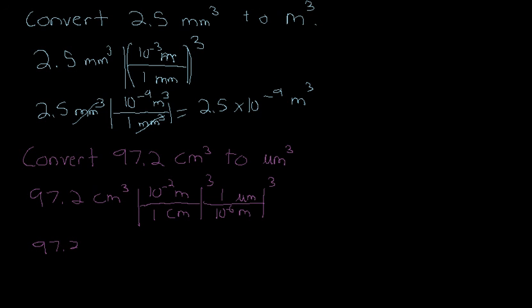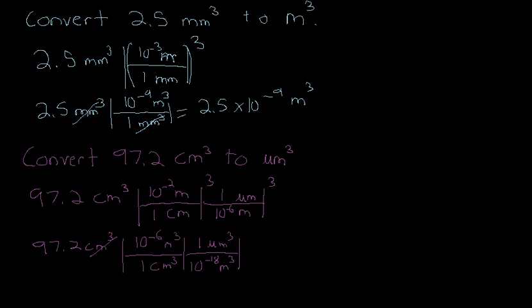So I distribute the cube, multiplying it to each exponent, so this becomes 10 to the negative 6 meters cubed over 1 centimeter cubed times 1 micrometer cubed over 10 to the negative 18th meters cubed.